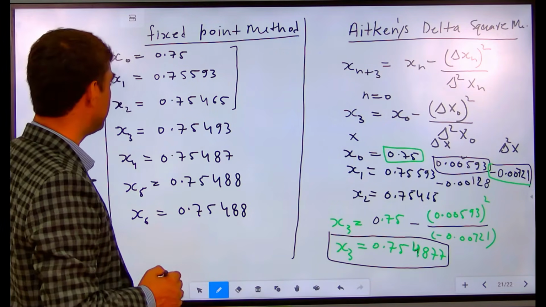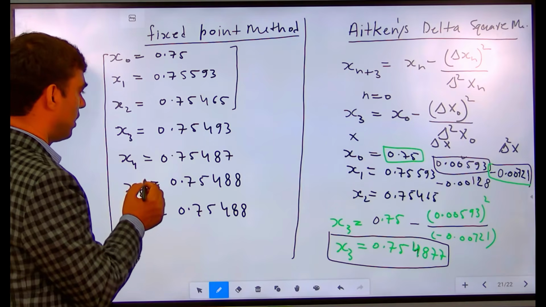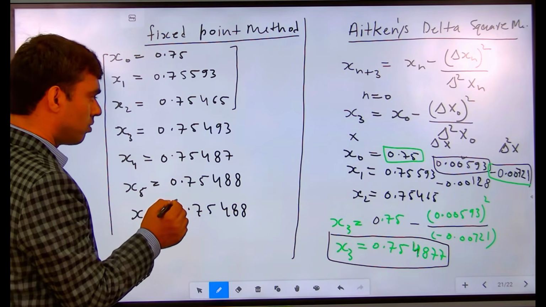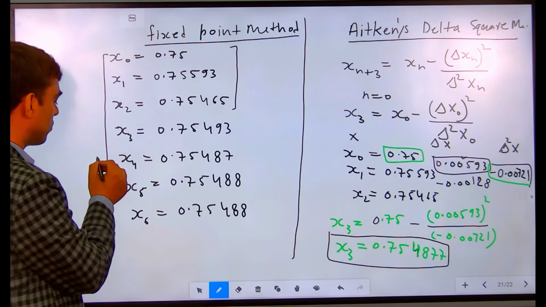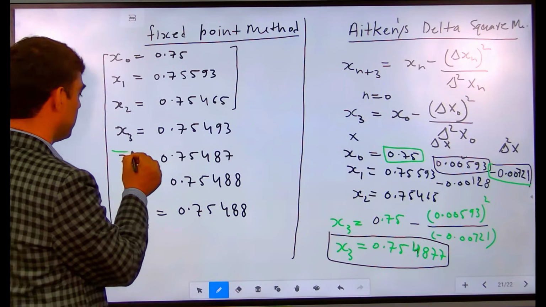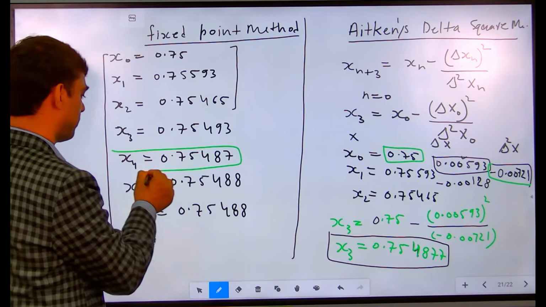Now what will happen here in the fixed point method? This value we are able to obtain in the fourth iteration.